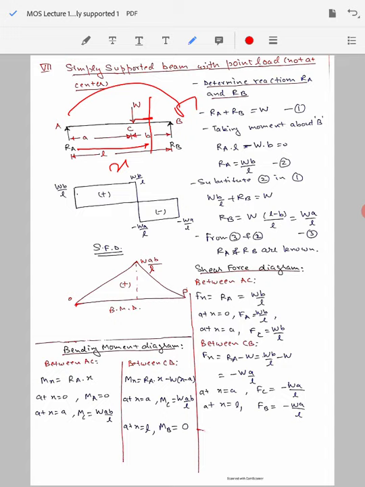So this distance is nothing but x minus small a, because x is the distance from here to this cut section, and this load W is at a distance small a from this supported end. So the distance of load W from the cut section will be x minus a.